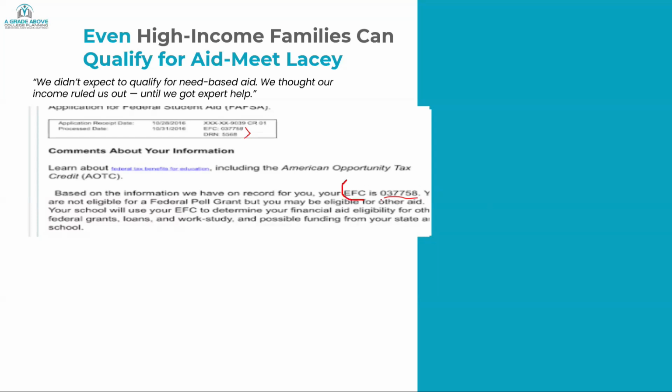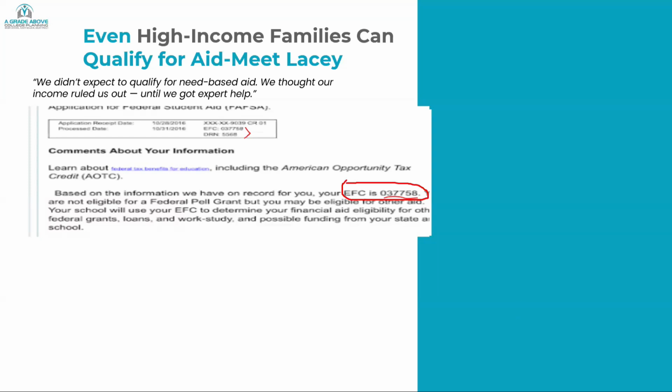And notice here that we were able to get that EFC down to under $40,000. So it went from 98,000 to 37,000, right? I think that's about a $60,000 difference in what they were expected to pay. And having a $98,000 EFC is high no matter what college your student is looking to attend.